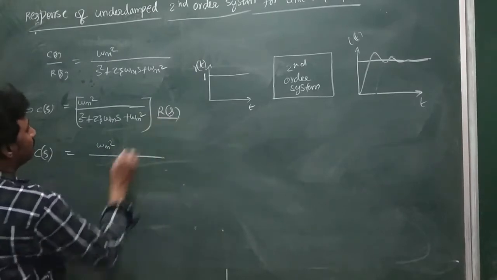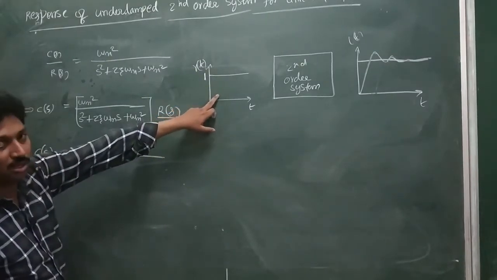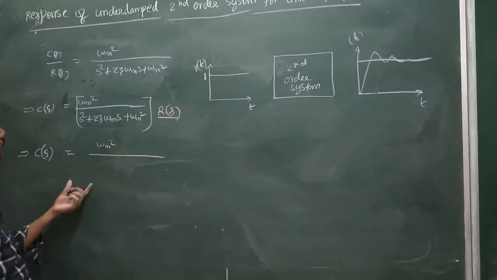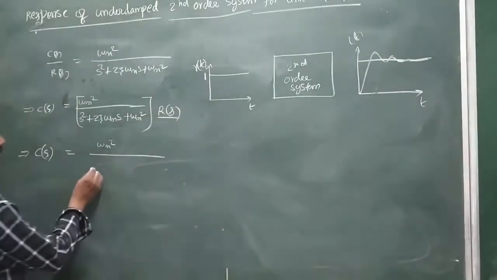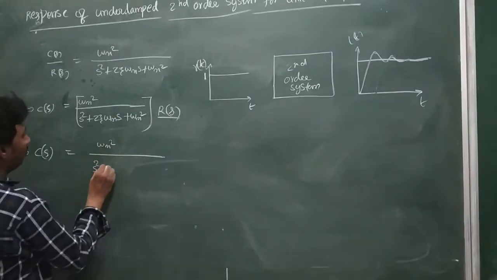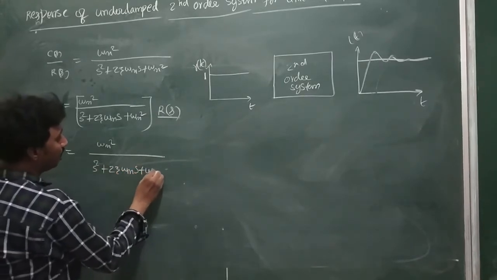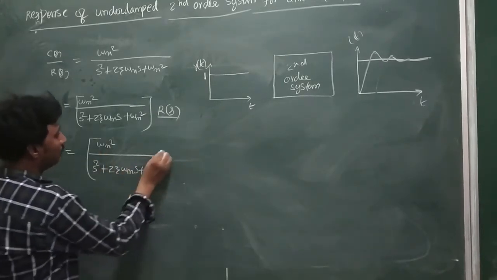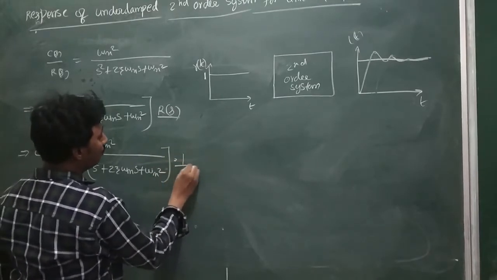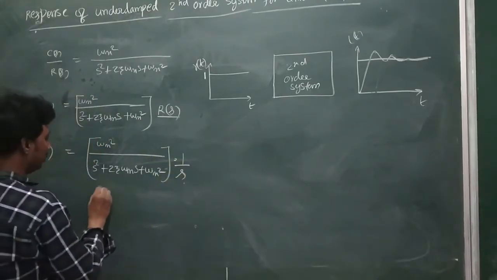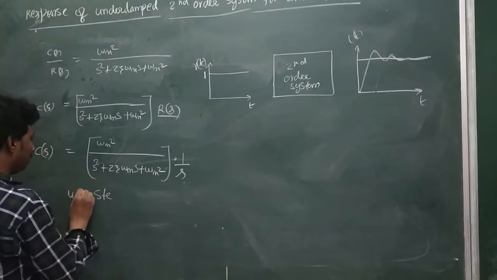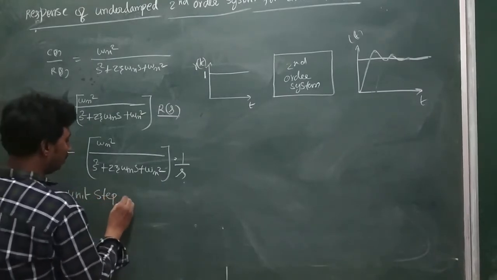Whatever the input signal is, here the input is the step signal, right? Here R of s is equal to 1 by s. R of s means 1 by s, the unit step signal.